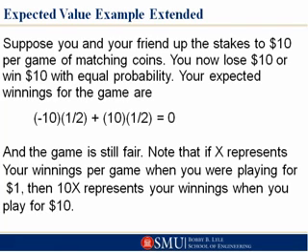So that's the g of x is minus 10. And then the probability of winning is a half. And now instead of seeing a $1 here, we have 10. So it's still a fair game. But note that if x represents your winnings per game when you were playing for $1, then 10x, the g of x here, represents your winnings when you're playing for a $10 game.